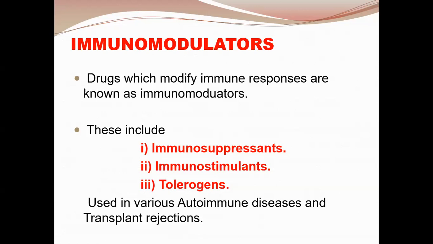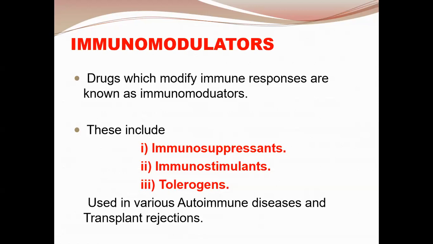So these immune response modifiers are further classified into three types: the immune suppressants, the immune stimulants, and the tolerogens. And these drugs are used in various autoimmune diseases and in graft host transplant rejection reactions.